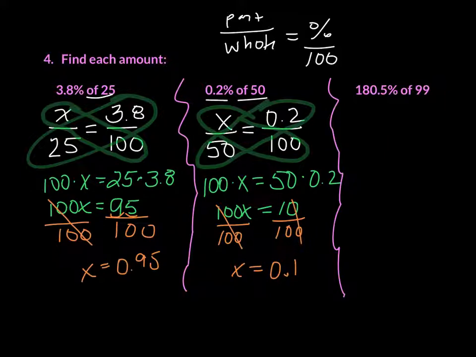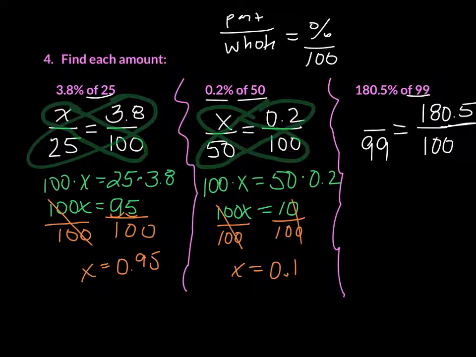So I'm going to carry on right like I was doing. Got my of 99. That's going to go on the bottom. 180.5%. My percent is always out of 100, and I should understand that 180.5% is larger than 100, so my answer is going to be larger than 99.